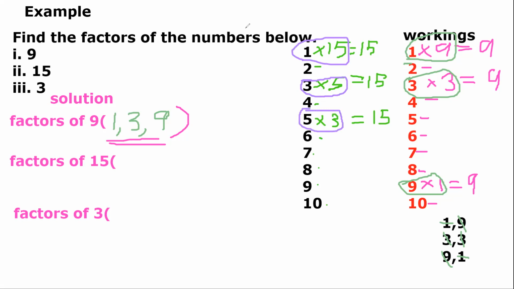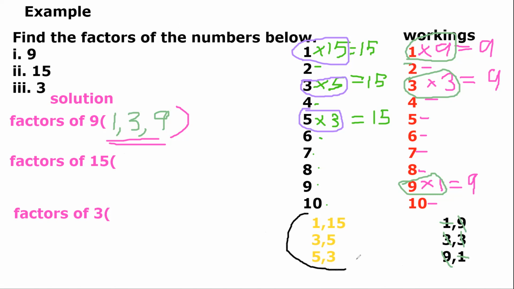So I'm going to arrange these numbers in ascending order. I have 1 and 15, 3 and 5, 5 and 3. I'm going to write those numbers that give you 15 in ascending order.